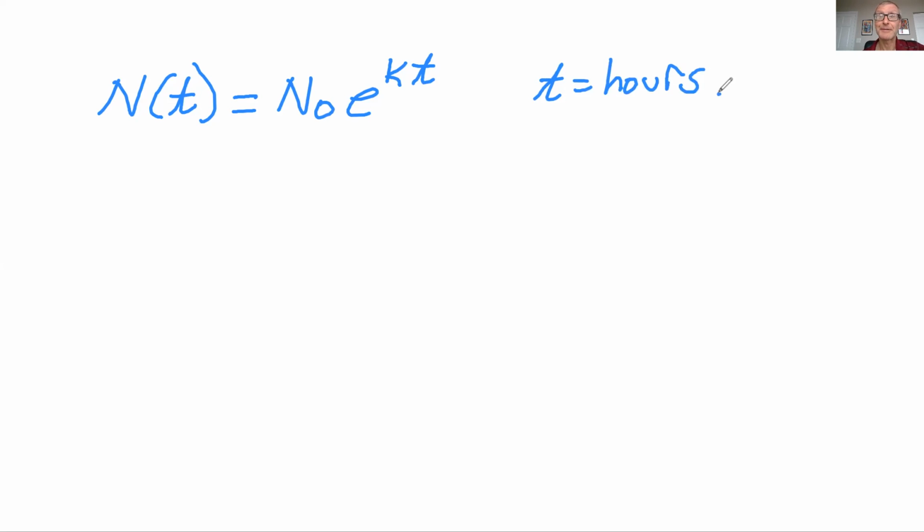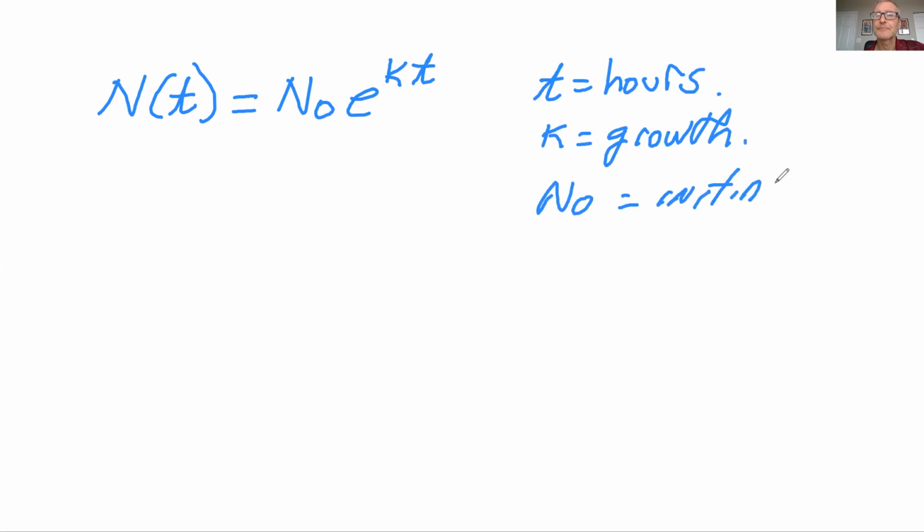So, but t is always time. And so k is our growth, right? And N0 is the initial condition. And so that is, I believe, the answer to letter A.